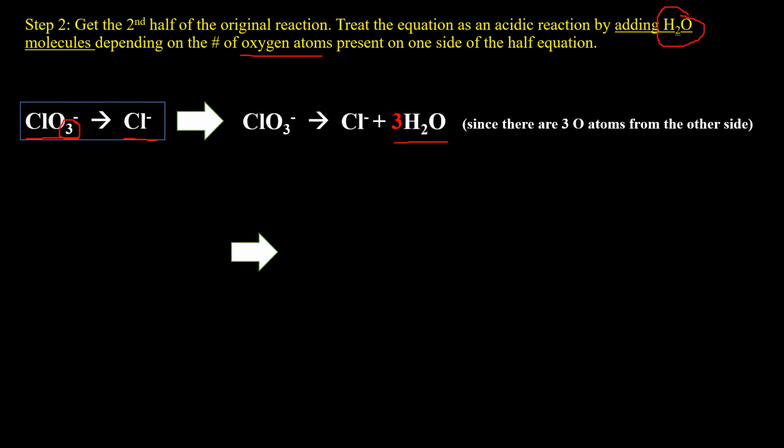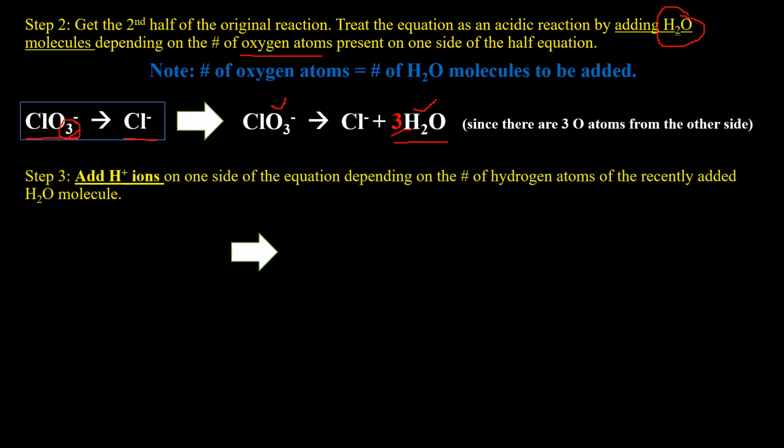So if you find oxygen atoms on the reactant side, then you are going to add water molecules on the product side. Take note that the number of oxygen atoms will be equal to the number of water molecules that you are going to add. Since there are 3 oxygen atoms in here, we also added 3 water molecules.